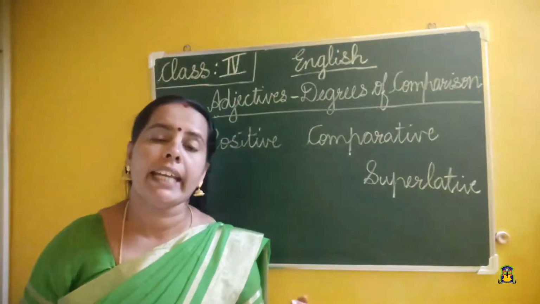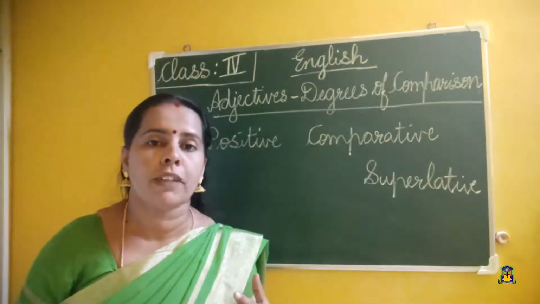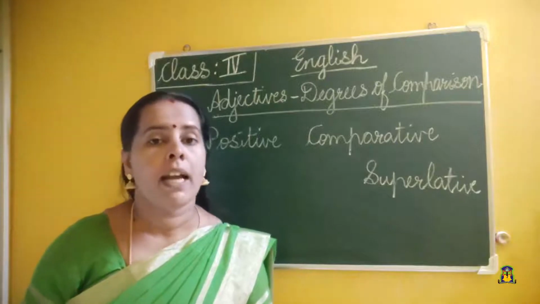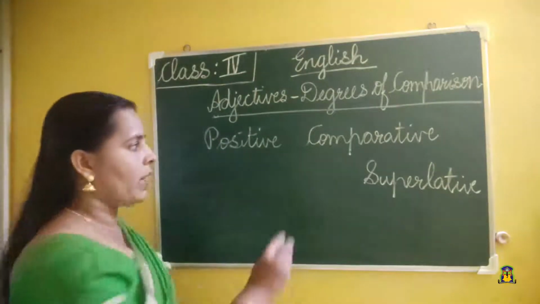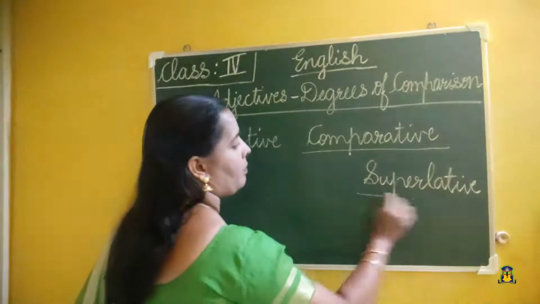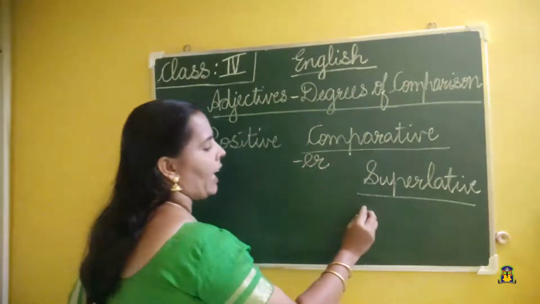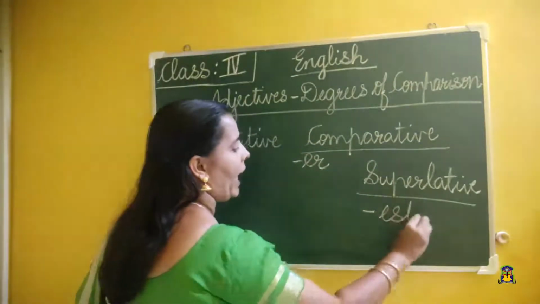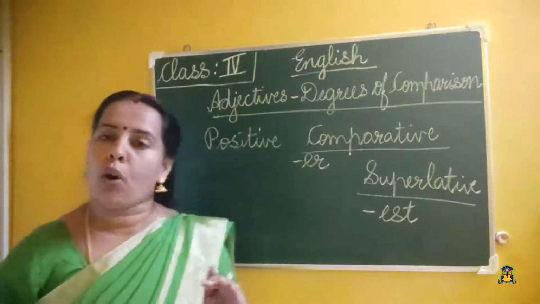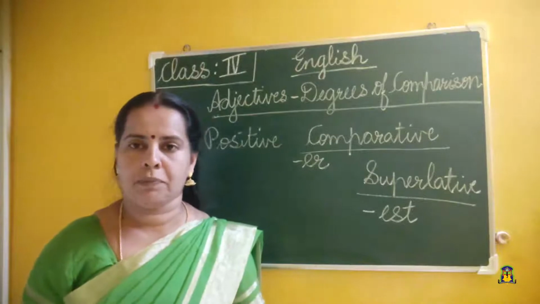And we add EST with most of the adjectives to form superlative degree. So that is the first rule. With comparative degree we add ER and with superlative we add EST with most of the adjective.